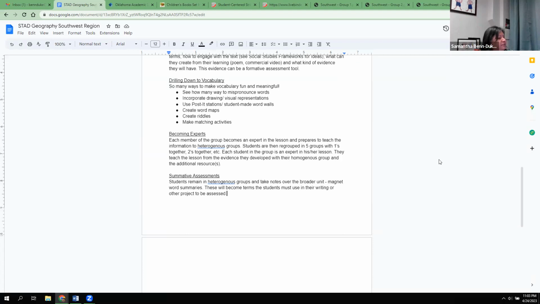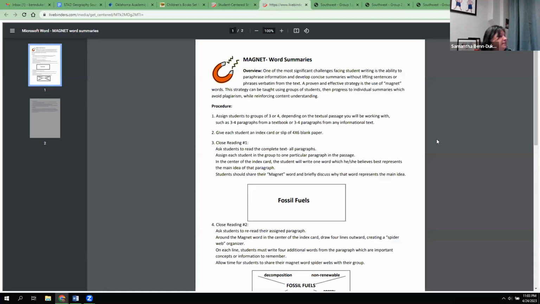So then once they've all 5 taught their lessons and they've talked it through, then you're going to do summative assessments. And one example for that is that students are going to remain in their mixed groups, their heterogeneous groups, and they're going to each take notes over the broader unit with all 5 represented there. And one activity they might do with that is the magnet word summaries.